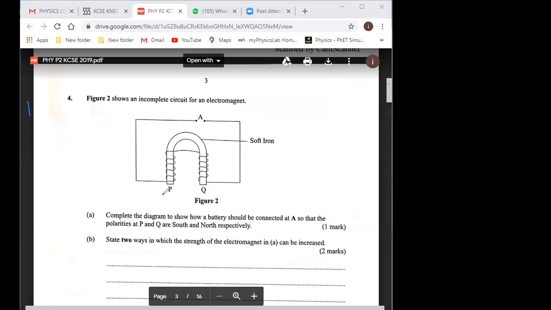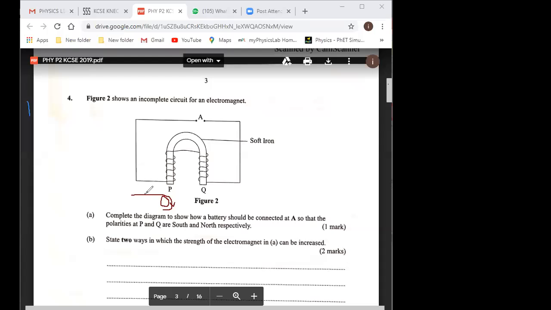Let me just have the cross-section of P. We can see this wire is moving over it like that and coiling like that. So for P to be south, we expect the current to flow in a clockwise direction.